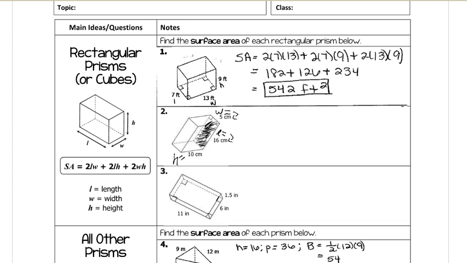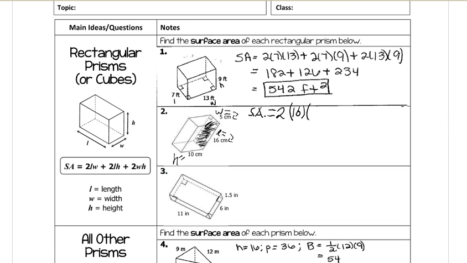So my surface area, SA, or San Antonio, however you want, is going to be 2 times, I'm going to use parentheses, my L, which is 16. Sorry, I fixed it.